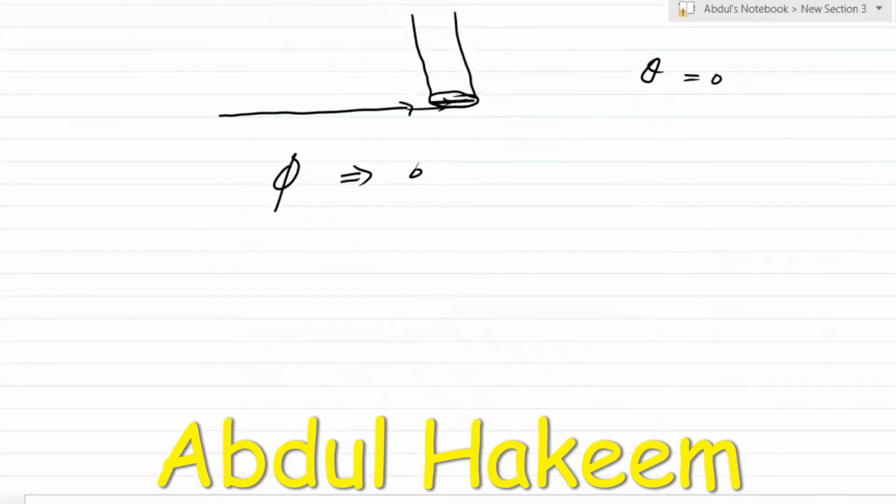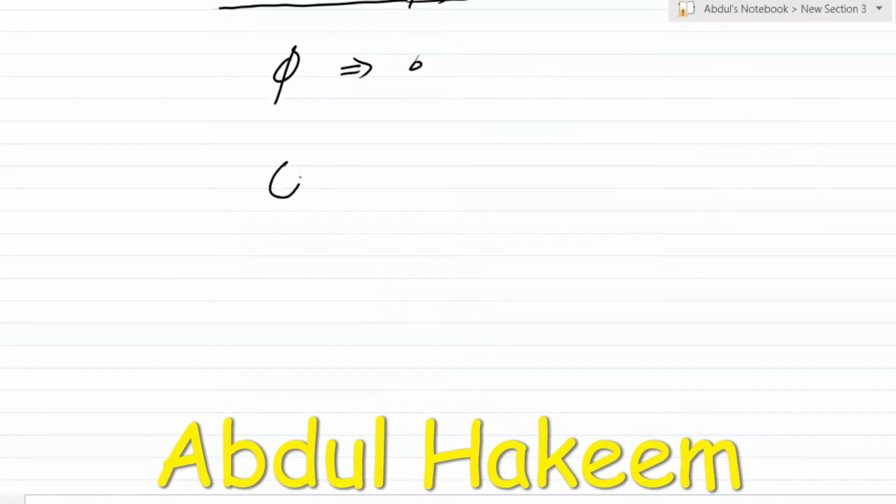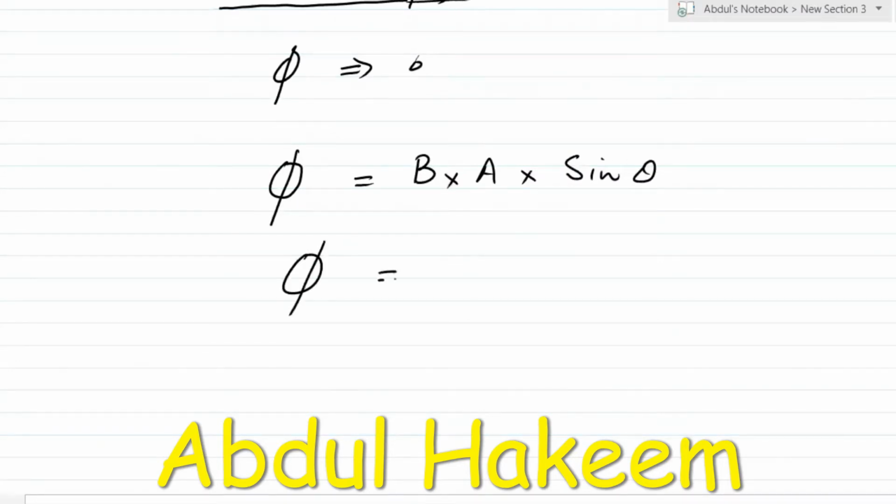So we can write the formula for this phi: magnetic field strength multiplied by area multiplied by sine theta. So phi is equal to BA sine theta.